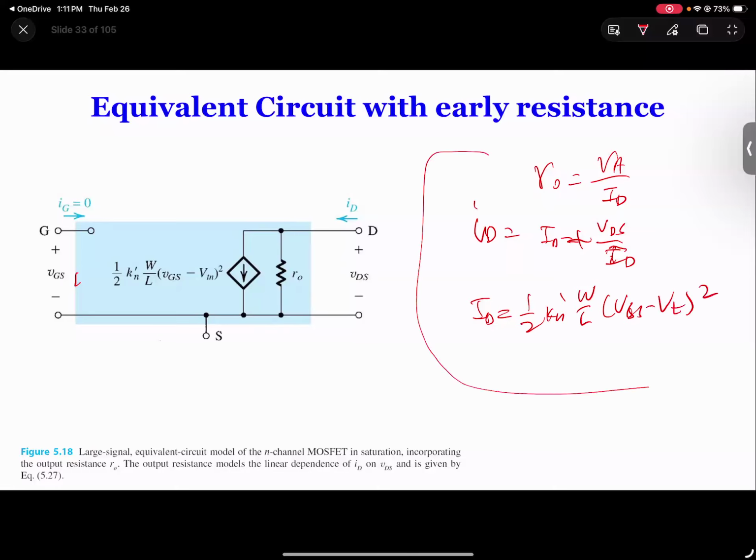So that's all the equations that you need. Now, again, we are all talking about the saturation region, and these equations do not apply to the triode region, okay?